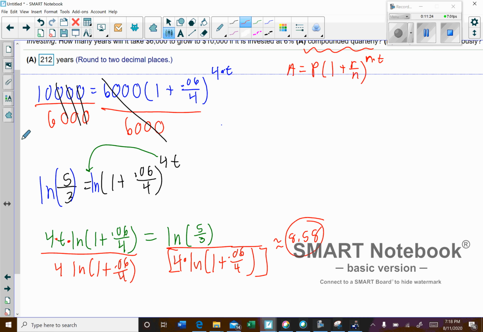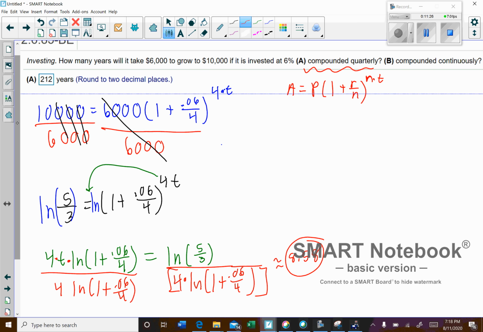Okay. The second one's actually a lot easier. For compounded continuously, we use A equals P e raised to rt. I accidentally put that up there earlier, but now it is going to be rt. So we'll plug in what we know and solve for it just like we did on the other one.